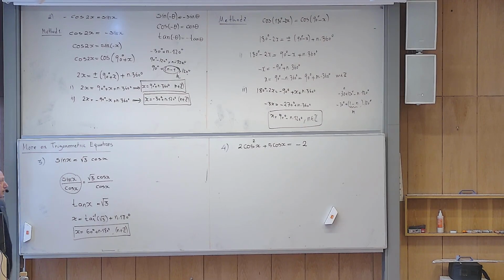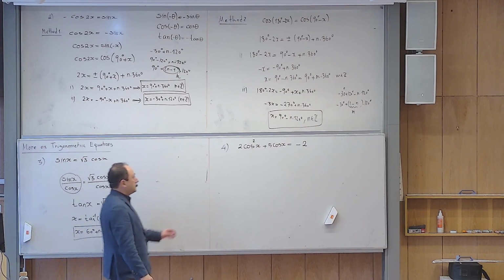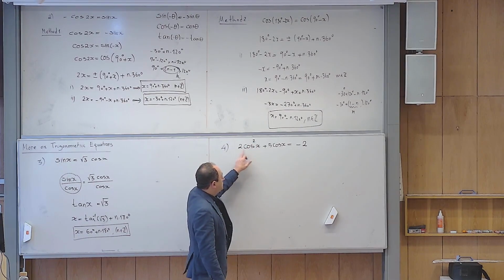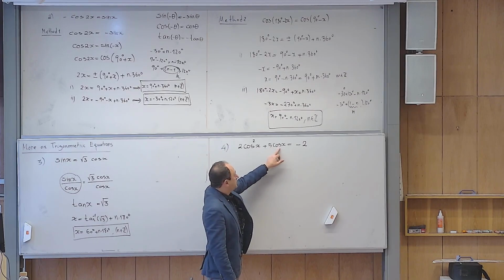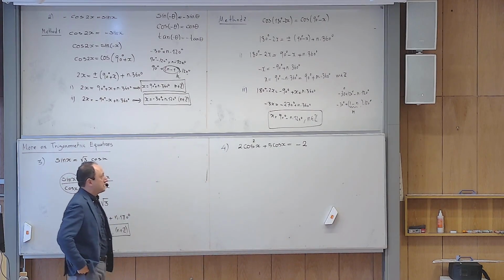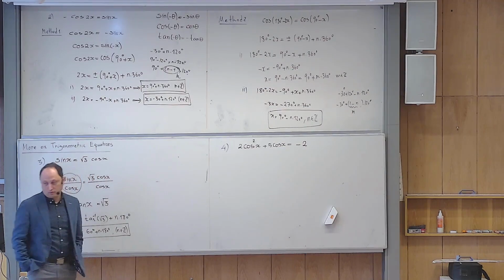I'm looking for an angle x, so that cosine of that angle to power 2 multiplied by 2 plus 5 times the cosine of that angle becomes minus 2. I want to find all possible angles x for which this is true.